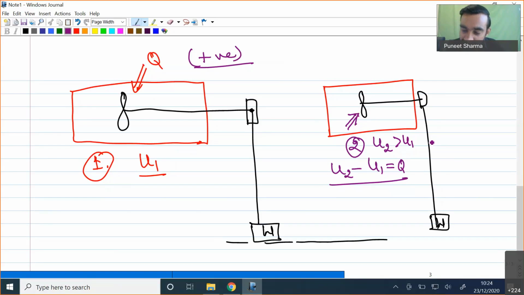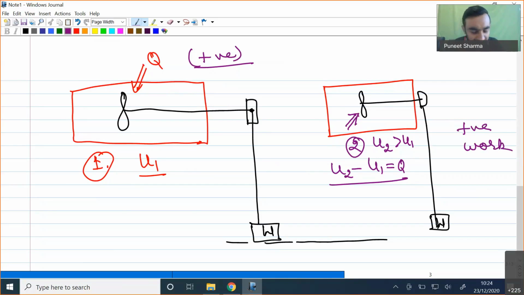Because of this, we cannot go back to the first state, the initial state. If this were possible, we would get work done by the system, and work done by the system is positive work.